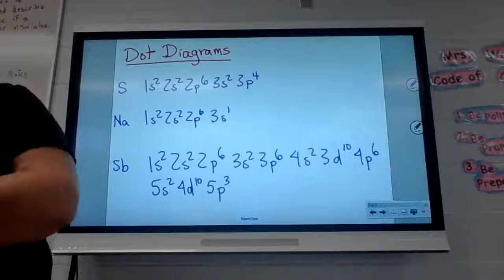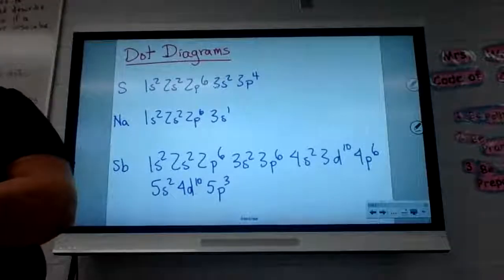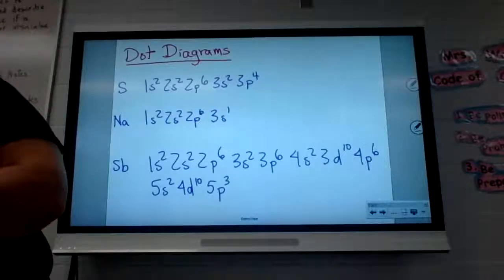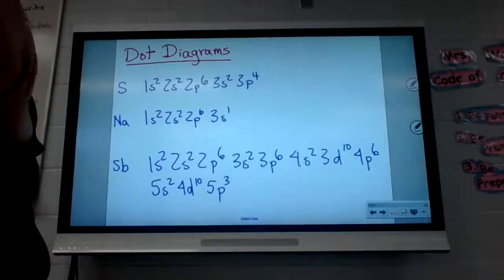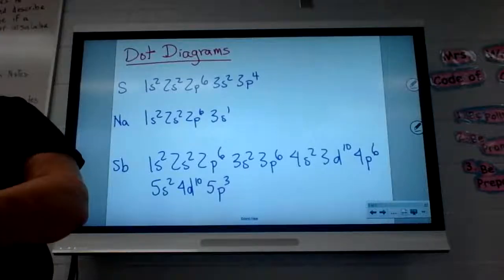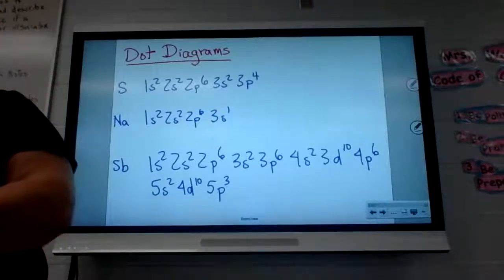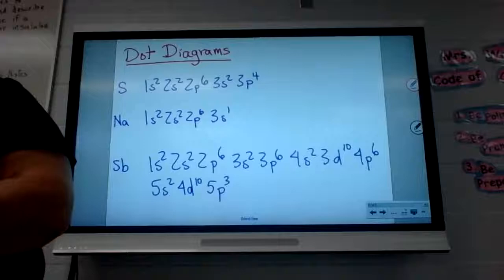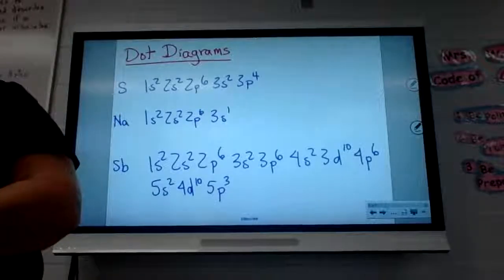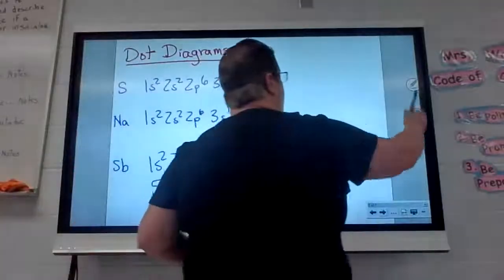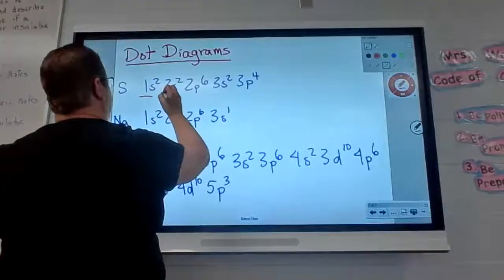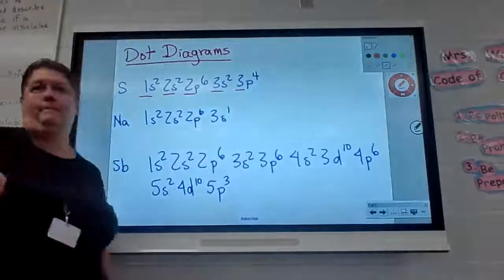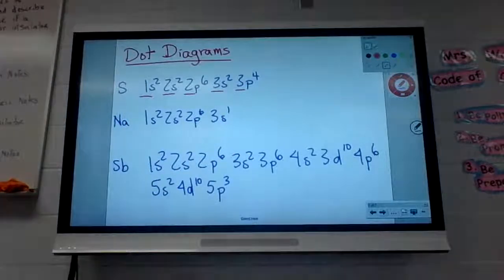All right, so if we think about what we did last week with the quantum numbers, which one told us energy level? Highest energy level. The which one? That's fabulous, Franco. So what tells us the principal quantum number in the configuration? Which number? So what do we call that number? Yes. Okay, so we look up here at the coefficient. If we look at the coefficient, which one's the highest?